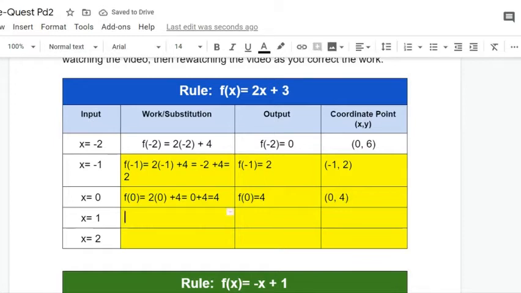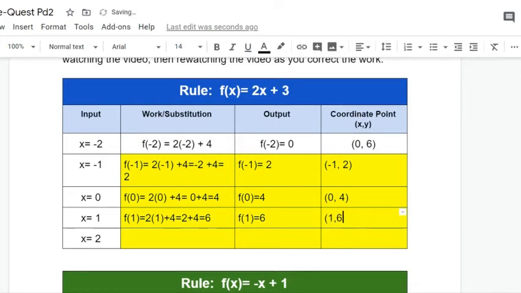Moving on to f of 1. I'm just going to tidy this up a little bit. This is my OCD kicking in, guys. All right. f of 1 equals 2 times 1 plus 4, equals 2 times 1 is 2, plus 4 equals 6. So my f of 1 equals 6, which means my point generated is 1, 6.